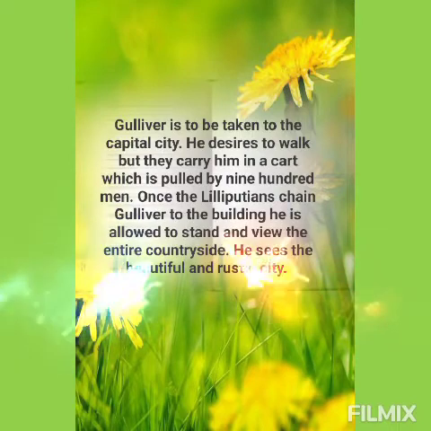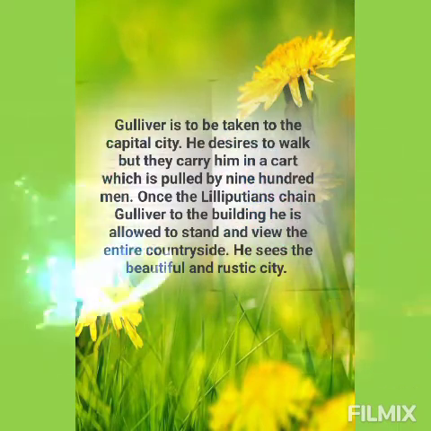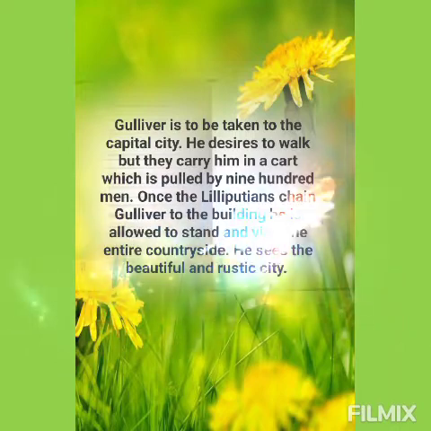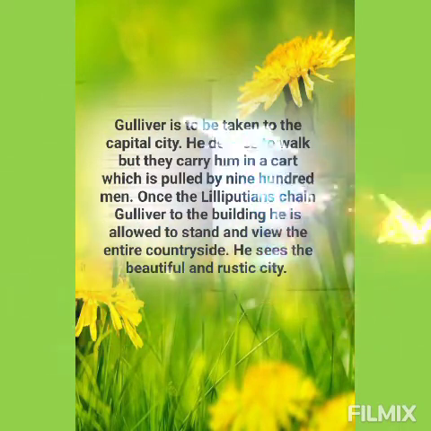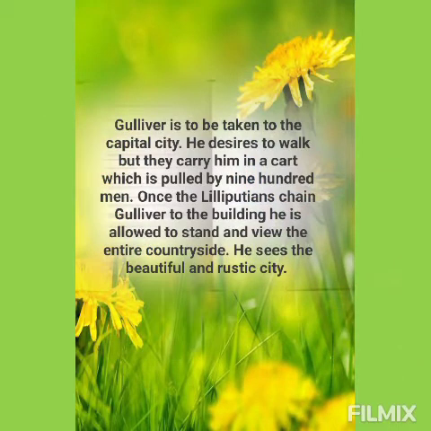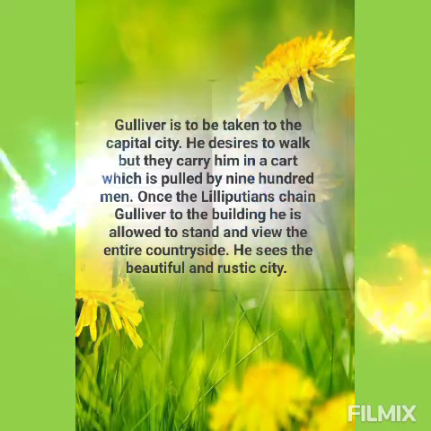Gulliver is to be taken to the capital city. He desires to walk, but they carry him in a cart which is pulled by 900 men, which is their custom. Once the Lilliputians chain Gulliver to the building, he is allowed to stand and view the entire countryside.